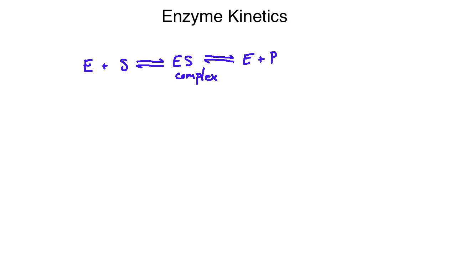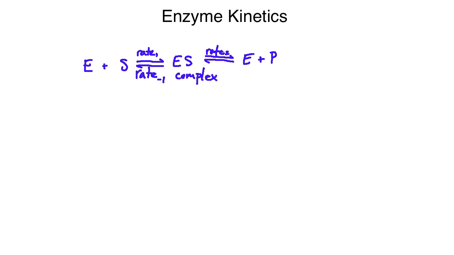All right? Now, what you need to keep in mind here that's going to be a little bit different than what we were originally looking at is you now have a potential for up to 4 rates. Rate 1 is going to be associated with the enzyme and substrate moving to the complex. You're also going to have rate -1, and that is the dissociation back to the enzyme and substrate. You then will have rate 2.